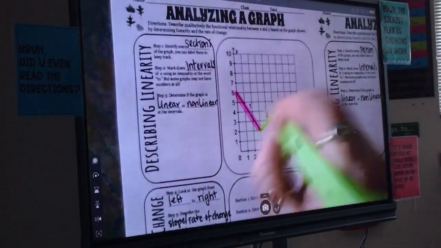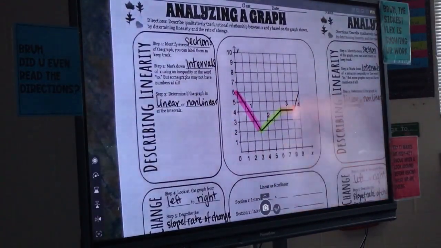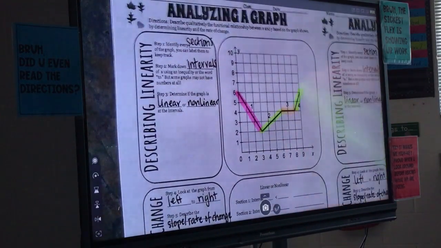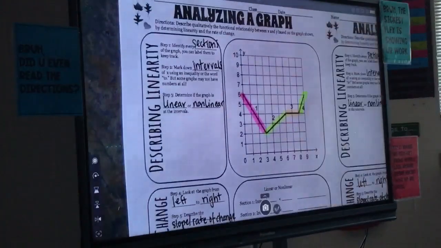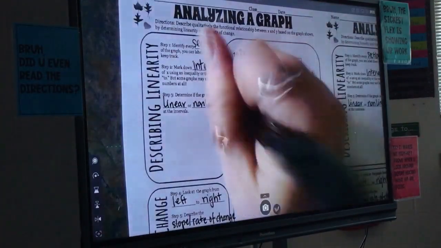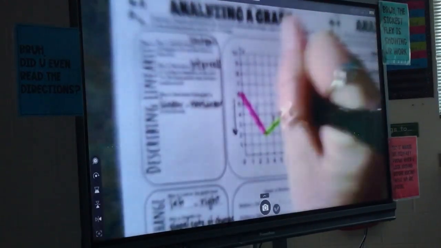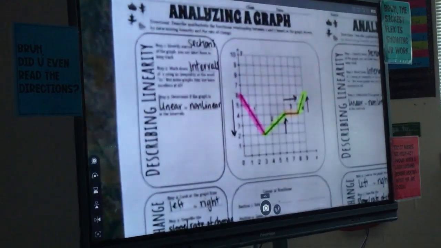Section 3 is constant. Okay. And section 4 is increasing. All right. So intervals for section 1 and 2.